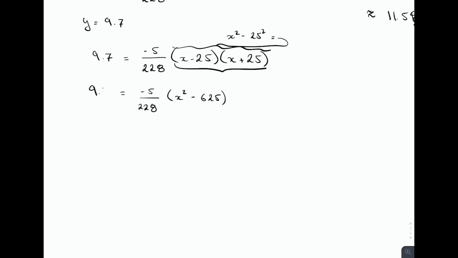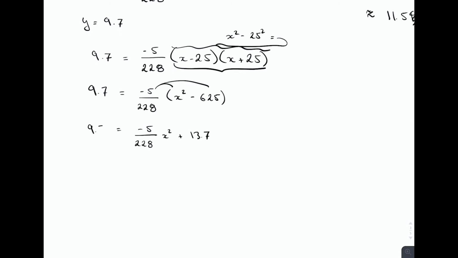And if I multiply in this value, I'm going to get -5 over 228 x squared plus 625 times 5 divided by 228, that's just 13.7.